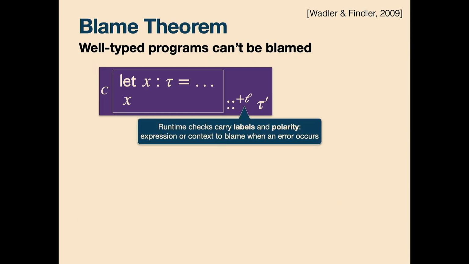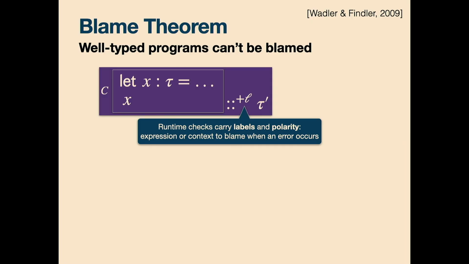The other property is the blame theorem, which says, informally, that well-typed programs can't be blamed. Basically, it's trying to always blame the imprecise type if you have a cast between two types.